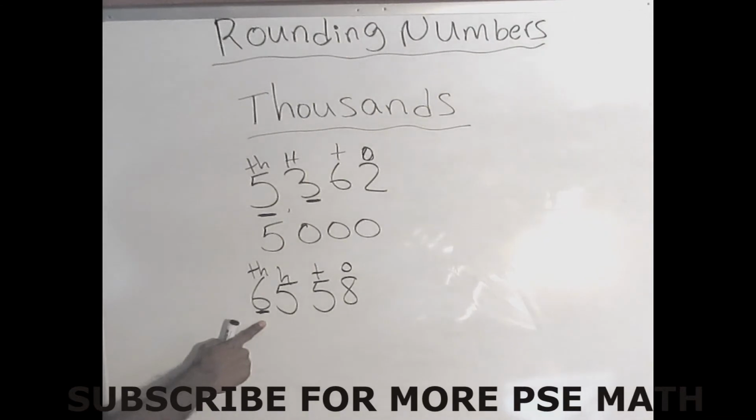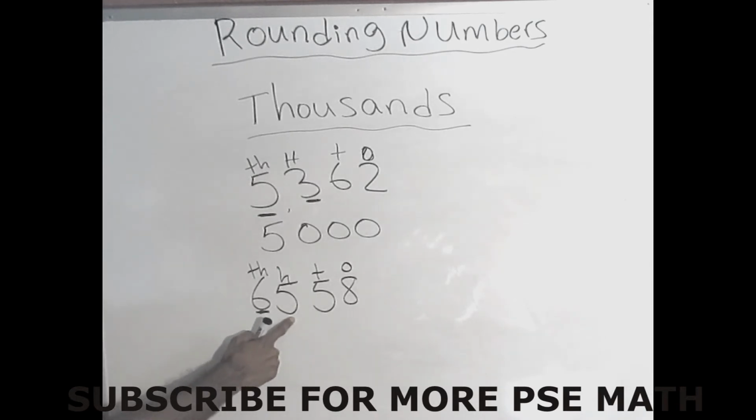And the rule says that when you round a number to the nearest thousand, you look at the number in the hundreds place. And if the number in the hundreds place is 5, 6, 7, 8, or 9, you will add 1 to the number in the thousands place because that's the number you're rounding. Or if it's 0, 1, 2, 3, or 4, the number in the thousands place will remain the same.